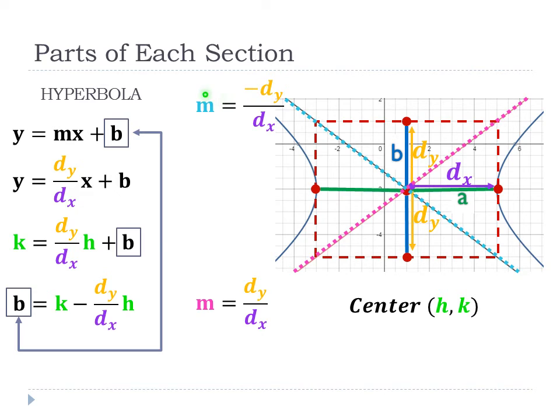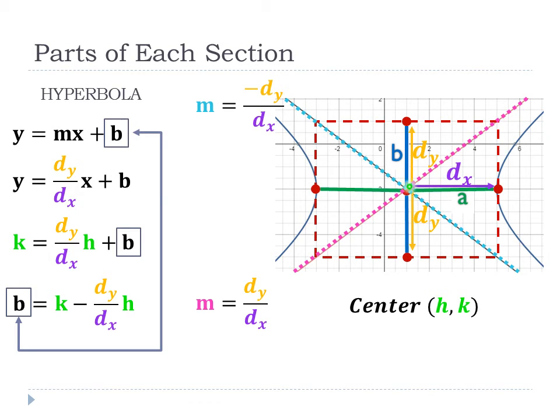So now what do I do? Now that I found my slopes, all I have to do is substitute. But I'm still missing things because I don't know how much y or x is worth, and I don't know how much b is worth. But I do have a point with x and y coordinates, which is my center. As you can see, asymptotes will always cross the center of my hyperbola.